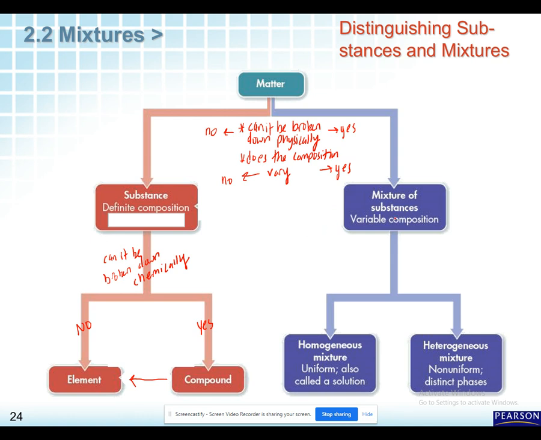Once you have this mixture, you can ask yourself, is it uniform throughout? If it looks the same throughout, it is homogeneous. So it's uniform and it's called a solution. If you can see those different parts, it's non-uniform and it's considered heterogeneous.